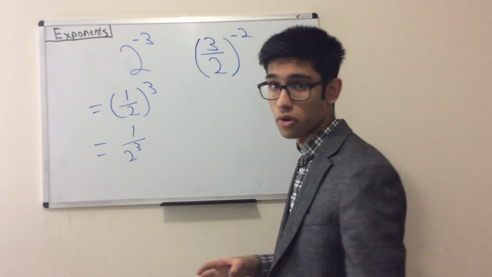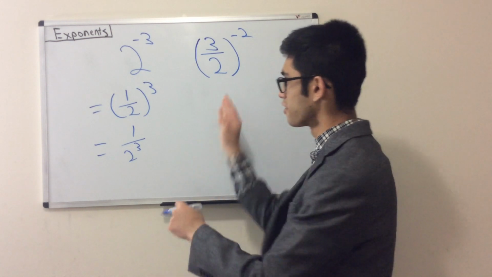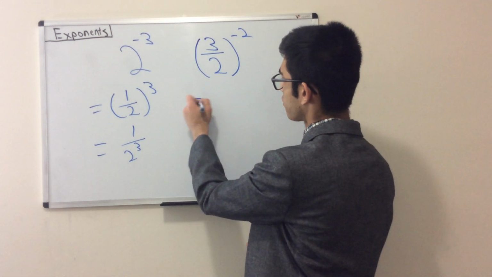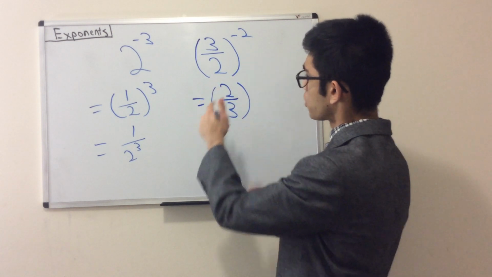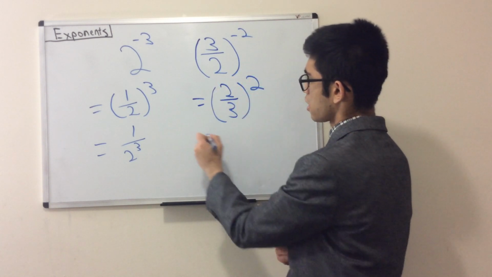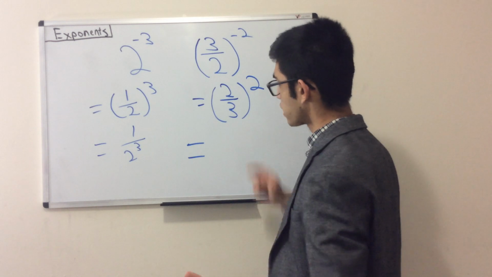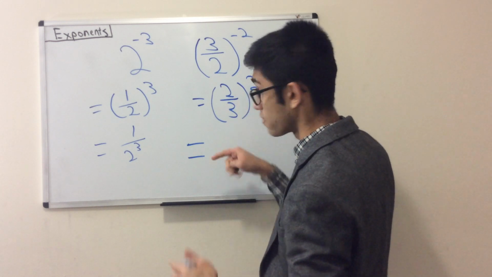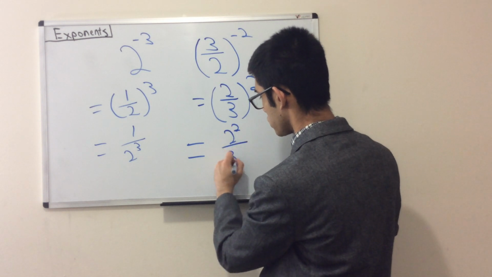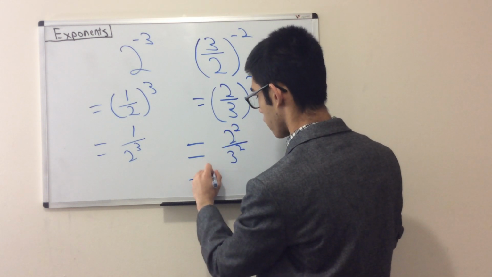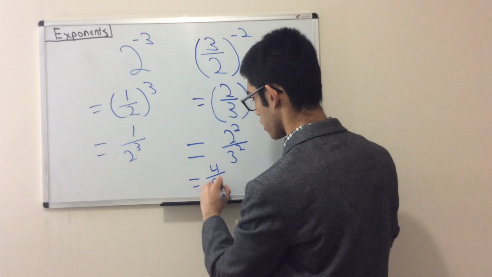Don't flip the whiteboard or whatever you're writing on, just flip the number. So you have 2 over 3. I flipped it, and now my exponent becomes positive. And with exponent rules, I have to apply this to everything in the bracket. So 2 squared and 3 squared. What's 2 squared? 4. And what's 3 squared? 9.